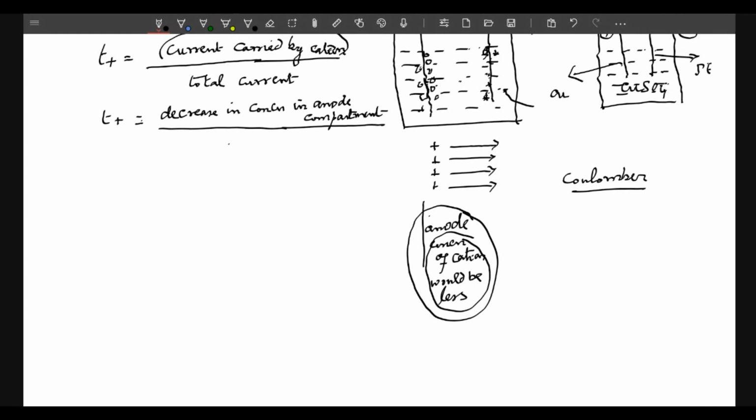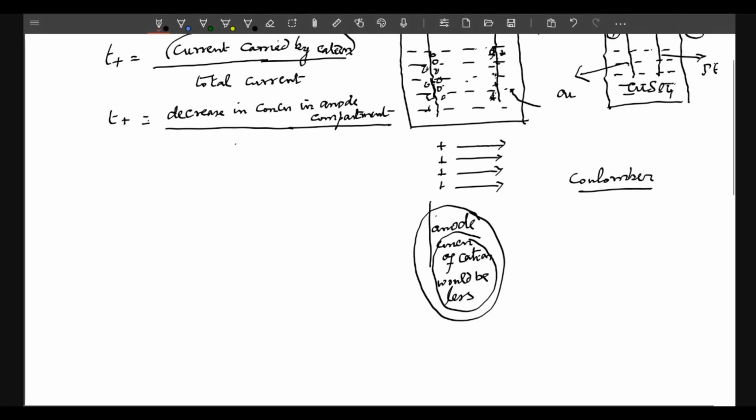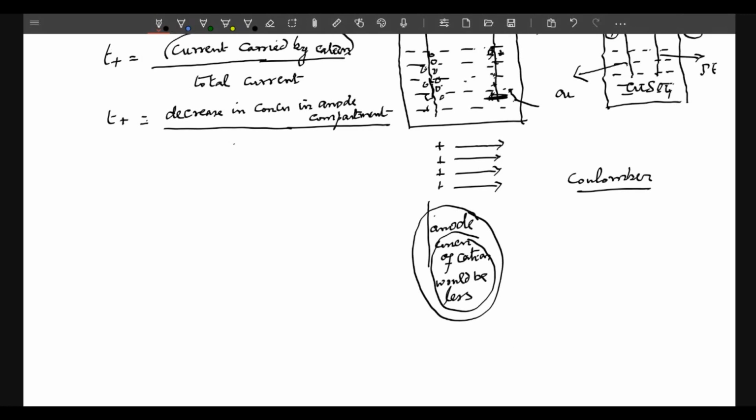So that much equivalent of metal ion would be deposited at the cathode also. Therefore, it is divided by the equivalent weight or number of equivalents of metal deposited in the coulometer. That coulometer may be a copper coulometer or a silver coulometer.